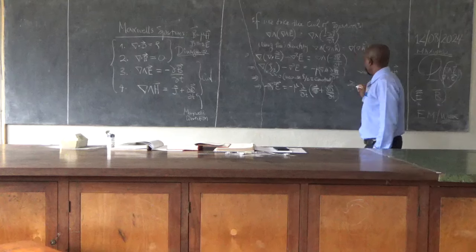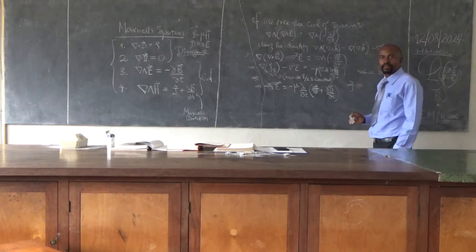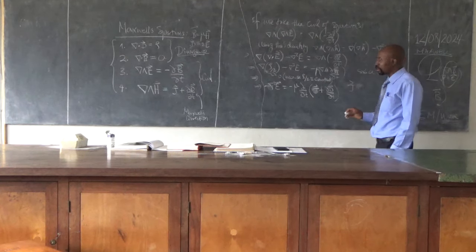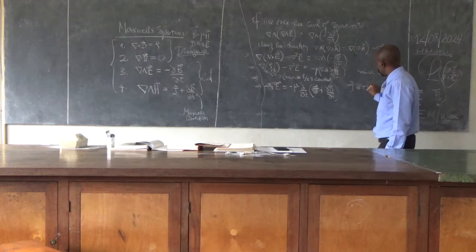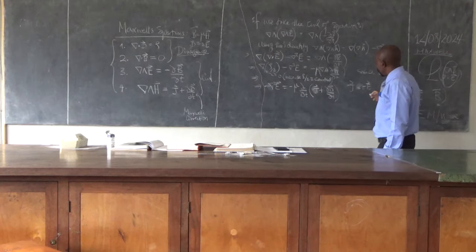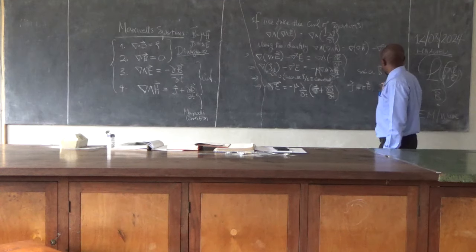What is J equal to? From the microscopic form of Ohm's law, and D equals epsilon E.